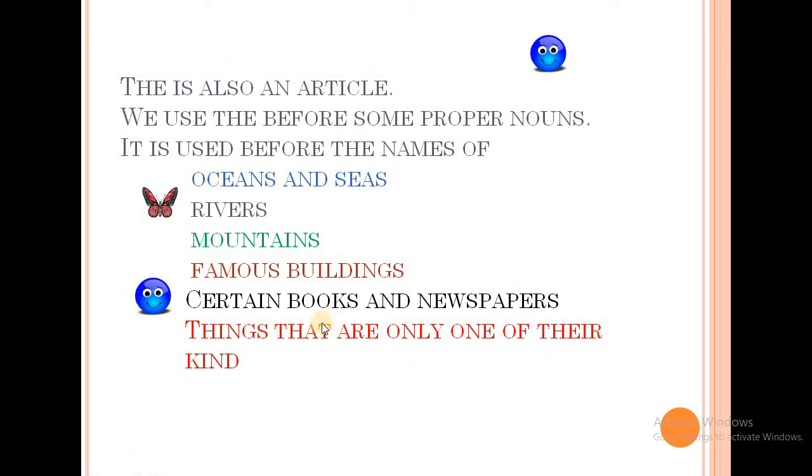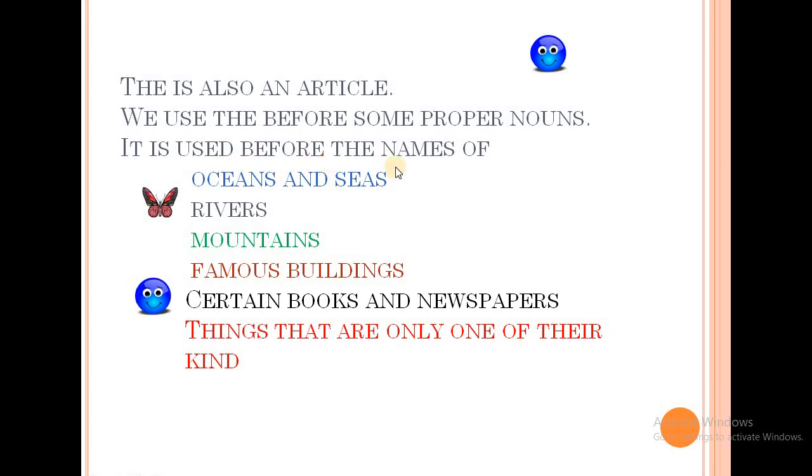Now we have already learned articles a and an. Rules we have learned. Exercise we have completed. Now the third article, that is the. The is also an article. We use the before some proper nouns.